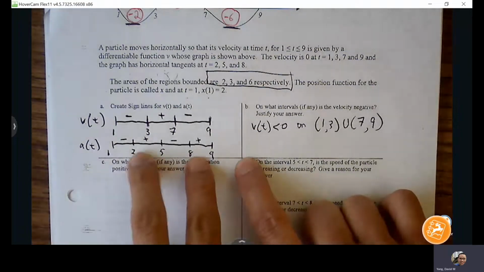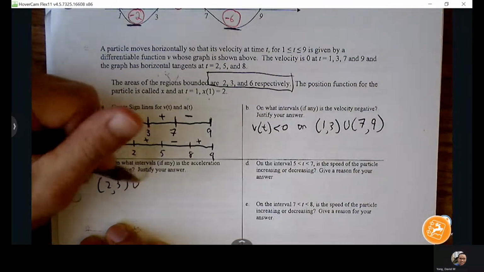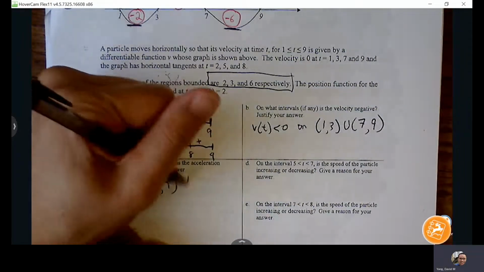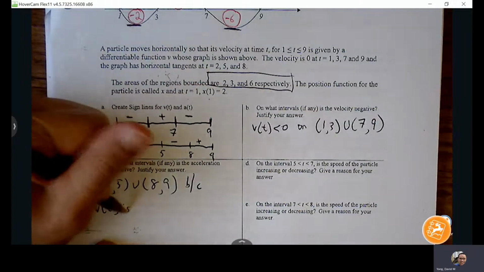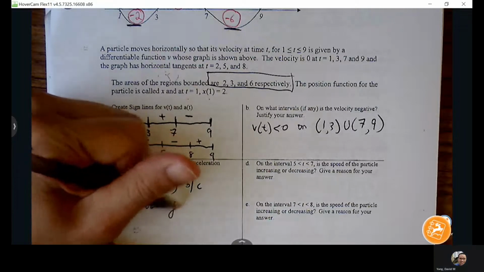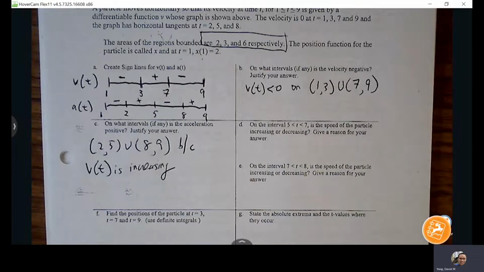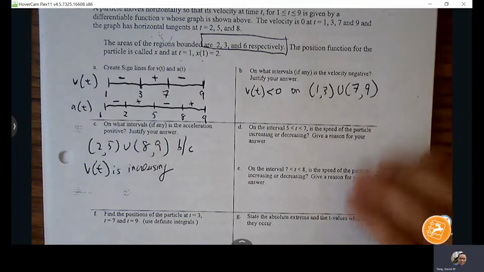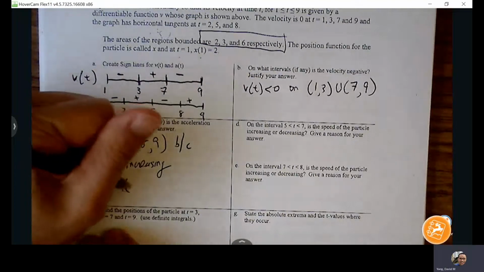Acceleration positive, we mark 2 to 5, and 8 to 9. Because v of t is increasing. All right, positive slope of the velocity function is going to translate to positive acceleration. Or we can say a of t is greater than 0.